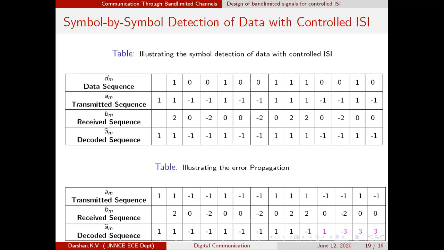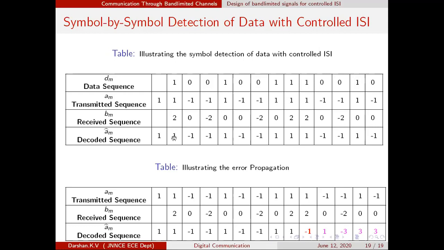How will the receiver know which symbol has been transmitted at the initial instant? It is having a memory. Initially, we will assume that the previously transmitted symbol was 1. Initially we will store the memory with 1. Later, we will have the received symbol and we will do this subtraction. You know the reason for subtraction.